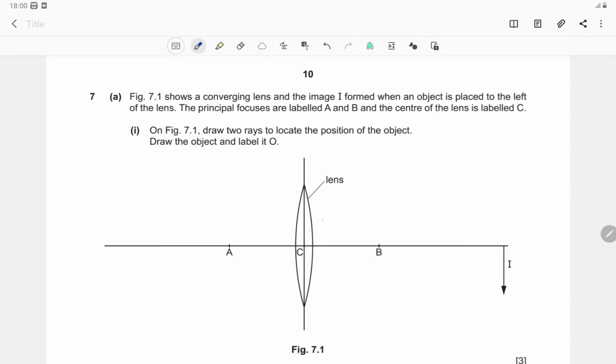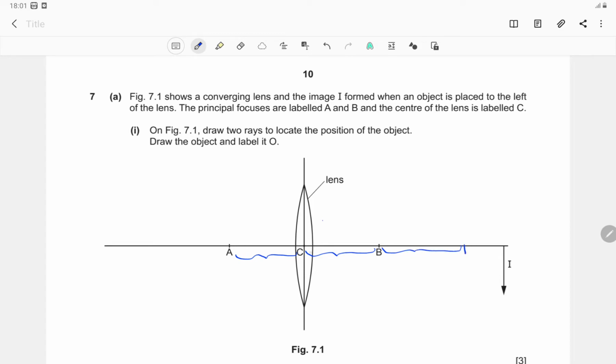So here A and B are the principal focus. So you can take the ruler and you can measure the length from C to B or A to C, which should represent same length and which is nothing but principal focus. And you can see the image is somewhere even after 2F.